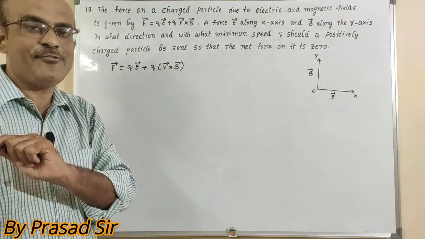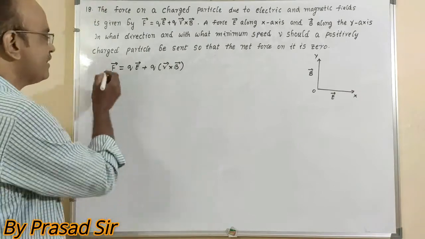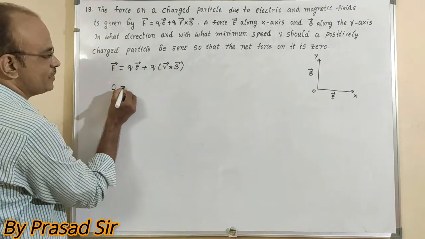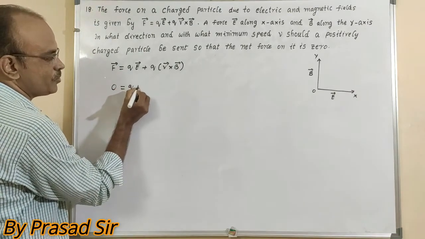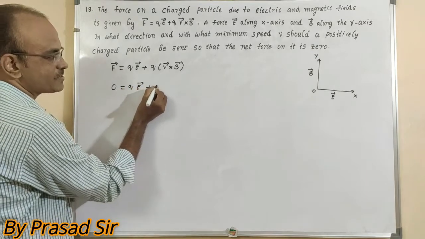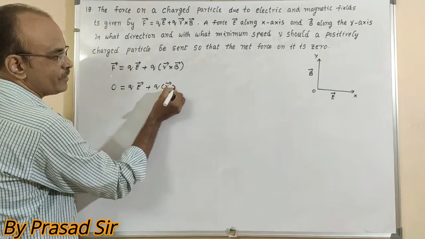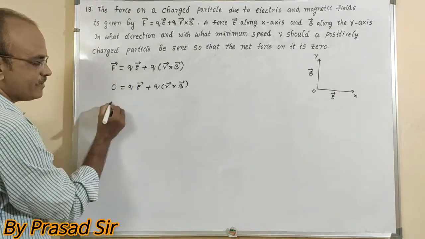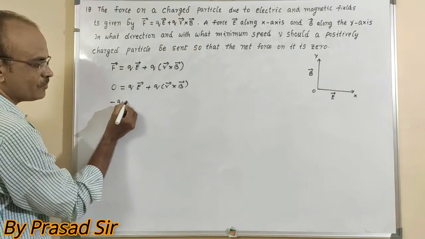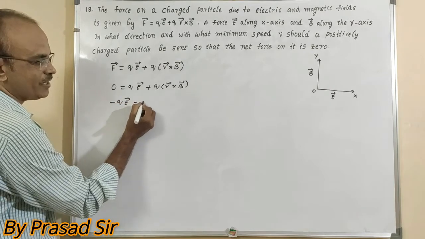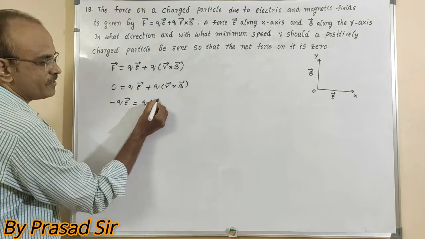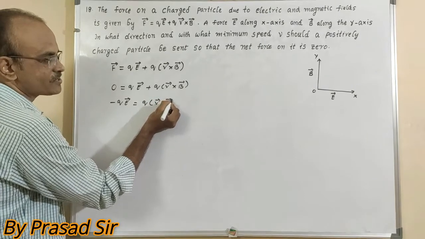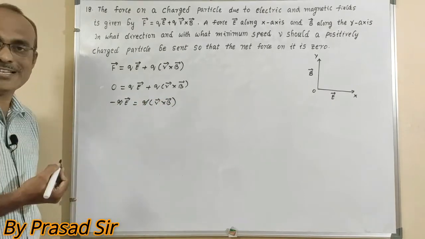So net force on it is 0 means F equals 0, which is equal to Q E vector plus Q into V vector cross B vector. Now minus Q E vector is equal to Q times V vector cross B vector. Here Q gets cancelled.